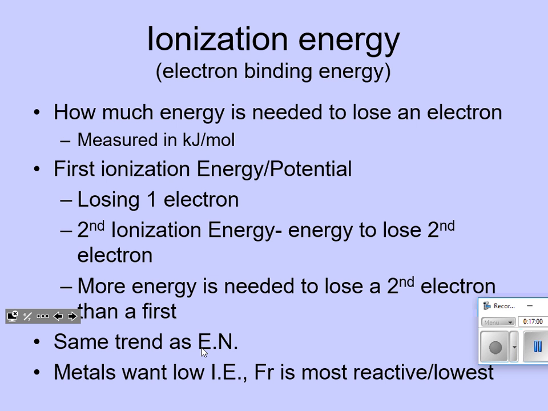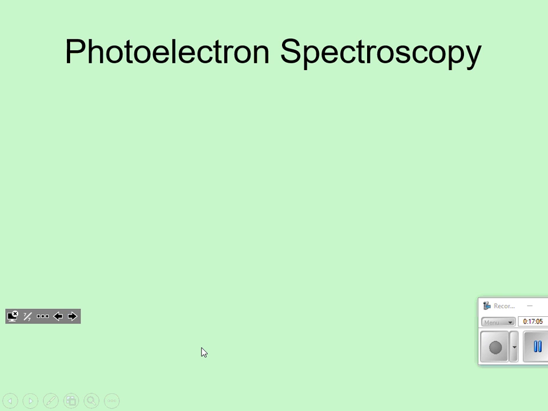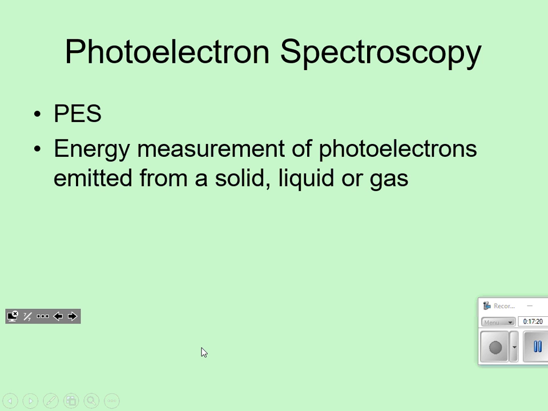Again, another difference between Chem 1 and AP Chem is knowing that technique, which is called photoelectron spectroscopy, often just abbreviated PES. This is the energy measurement to make electrons be emitted.